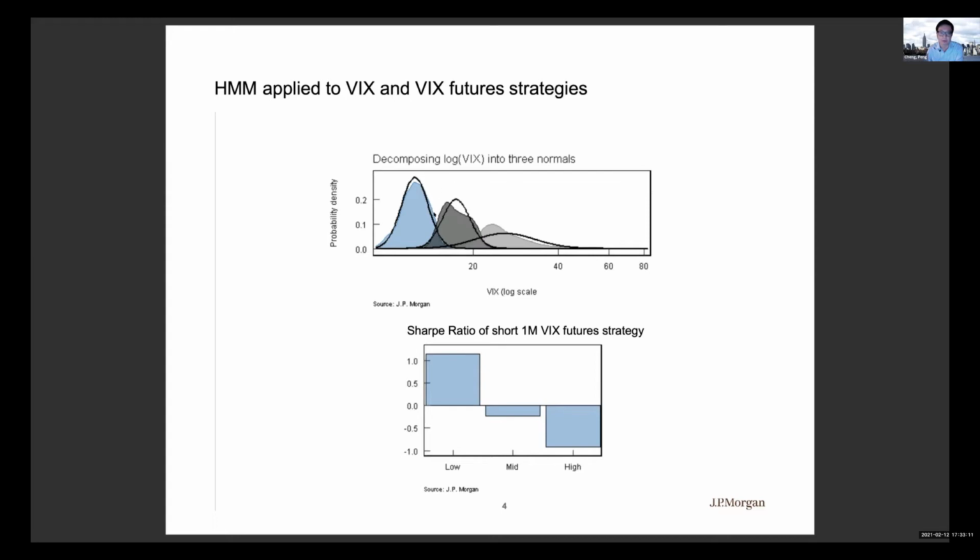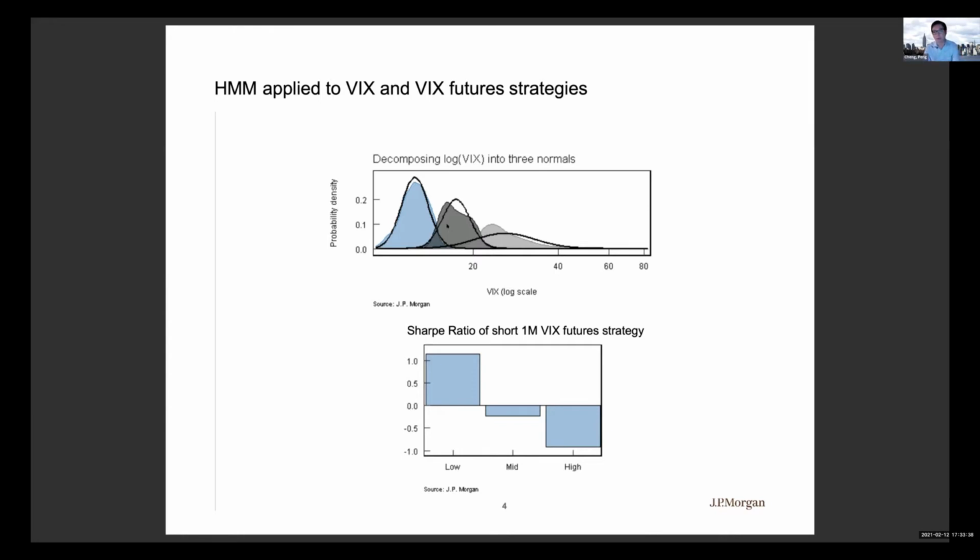But at other times, if we're in the medium vol regime, it kind of overlaps with the other regimes, which is fine. Generally speaking, what we find is if VIX is below 15, then we classify it into a low vol regime, and if VIX is above 21, it gets classified into a high vol regime. But anywhere in the middle, it's kind of a medium vol regime.